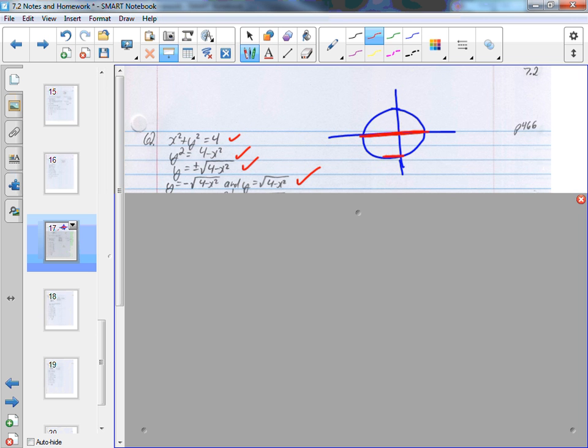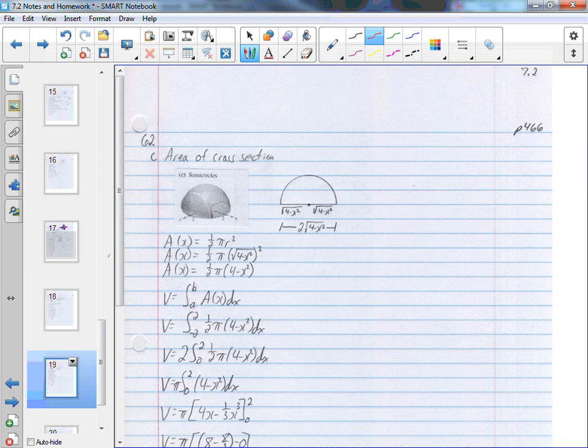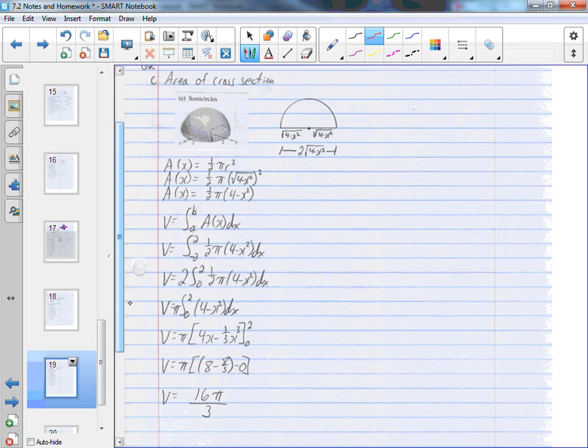Now, and I think I can go to here now. So now, that means if this is our graph, there's the x-axis, there's the y-axis, that was the circle, that's the base, okay?